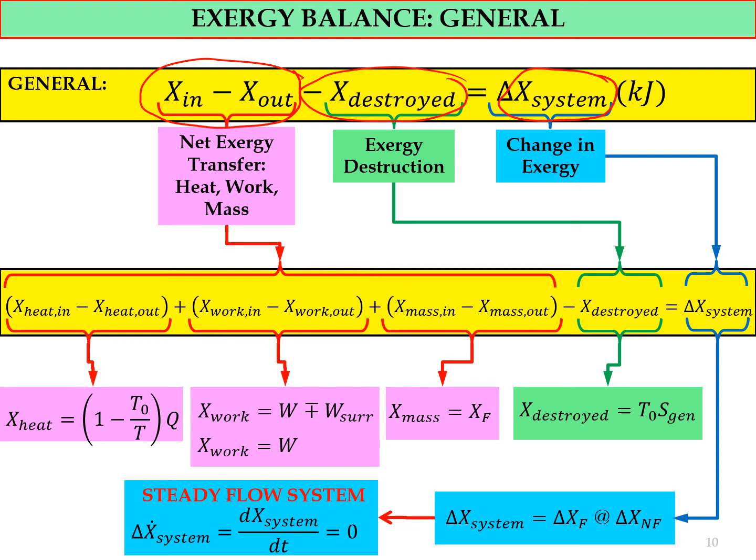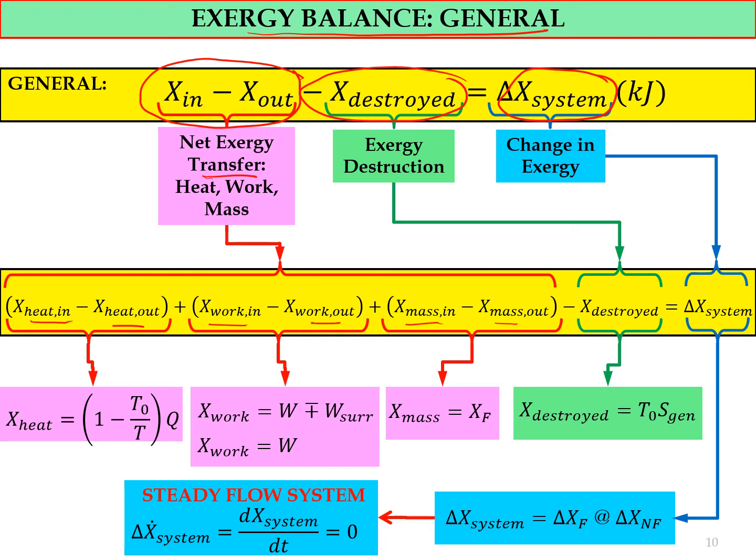So this is the general exergy balance. If we expand the equation, to understand what is entering and what is leaving the system, we will identify that exergy transfer can be in the form of heat, work, and also mass.